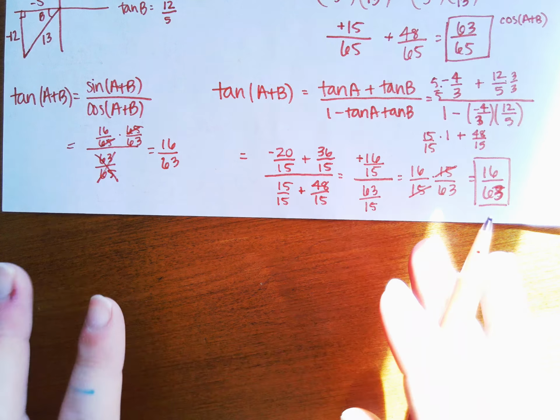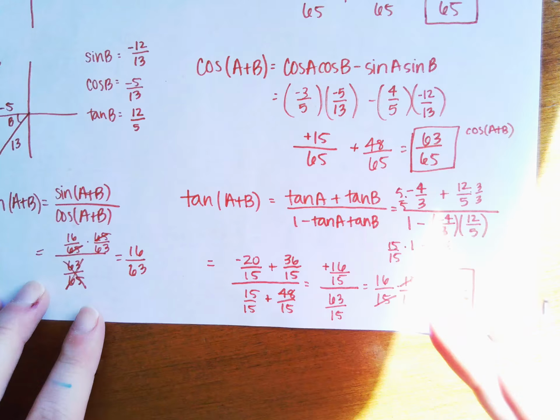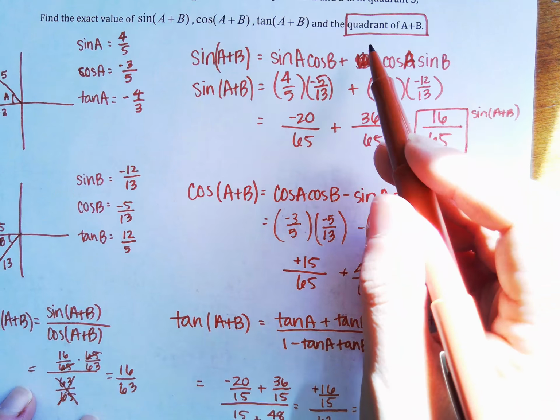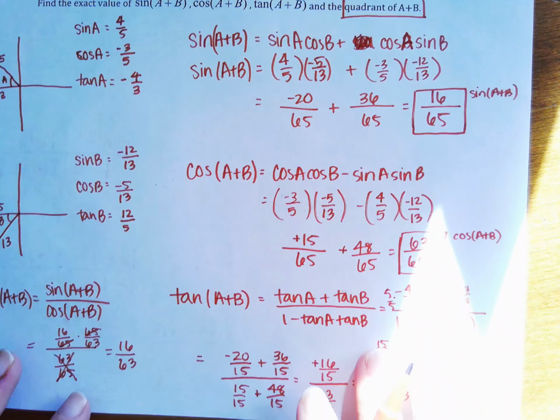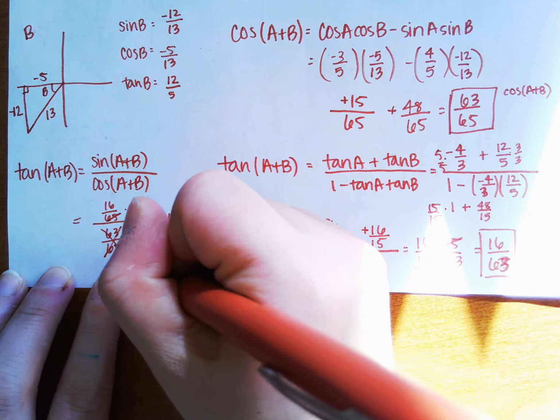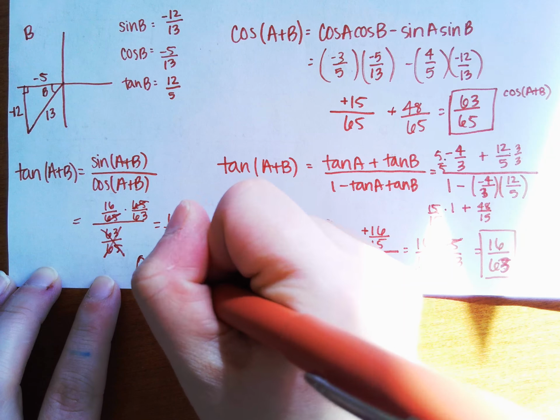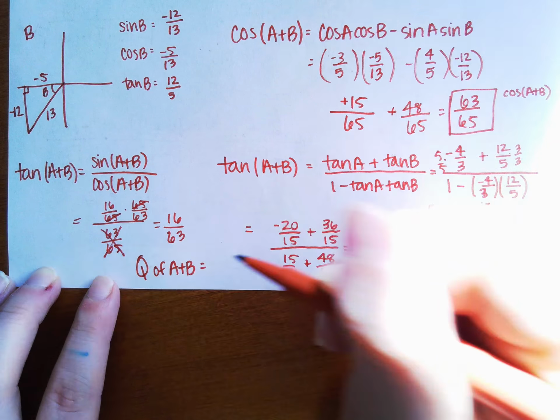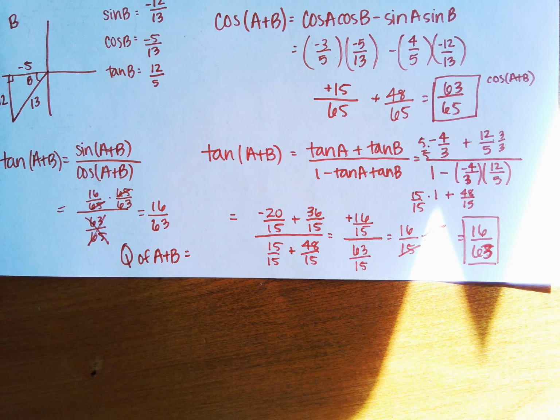Okay, we're not done yet. This is another part that we tend to mistake or miss: we're actually looking for the quadrant too. We can't forget that. So the quadrant of A plus B. To find a quadrant, I would look at the angle measurement to decide if it's between 0 and 90 degrees, but we don't have any angle measurements.